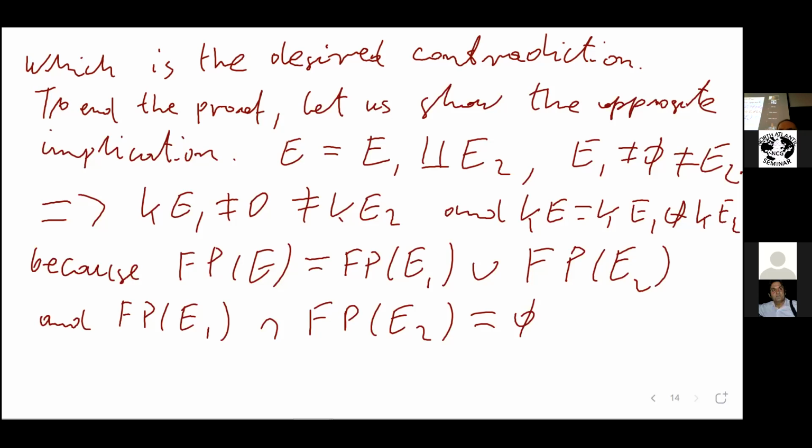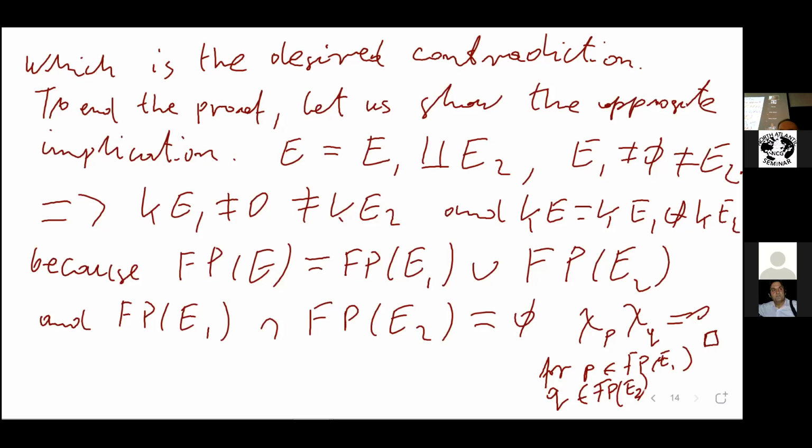Yes, because if I take any chi p with p in FP(E1) times chi q with q in FP(E2), this is 0, because this is always 0 unless p and q form a path. If p and q form a path, then the end of p is the beginning of q. But this means this vertex is both in E1 and E2, which is impossible. Okay, so this ends the proof.